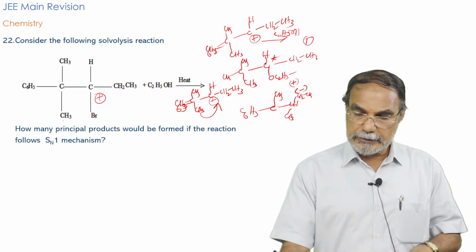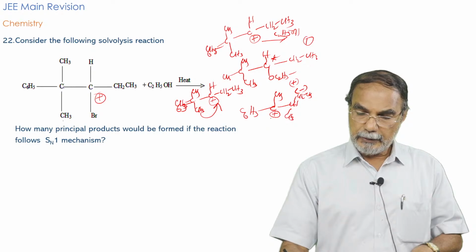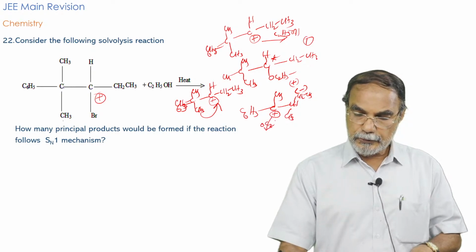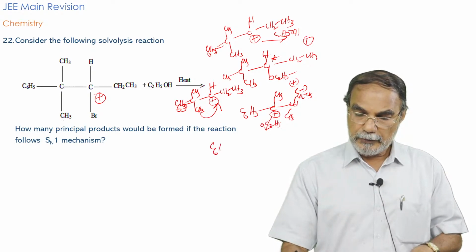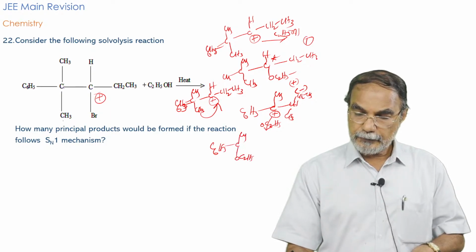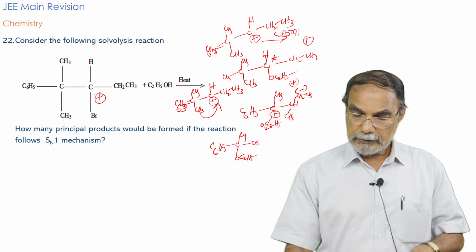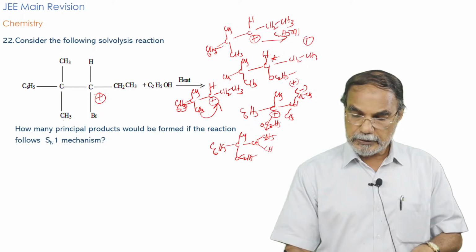That possibility is there. And you have the OC2H5 group coming here, and you have C6H5 C CH3 OC2H5, with C2H5 and CH3.